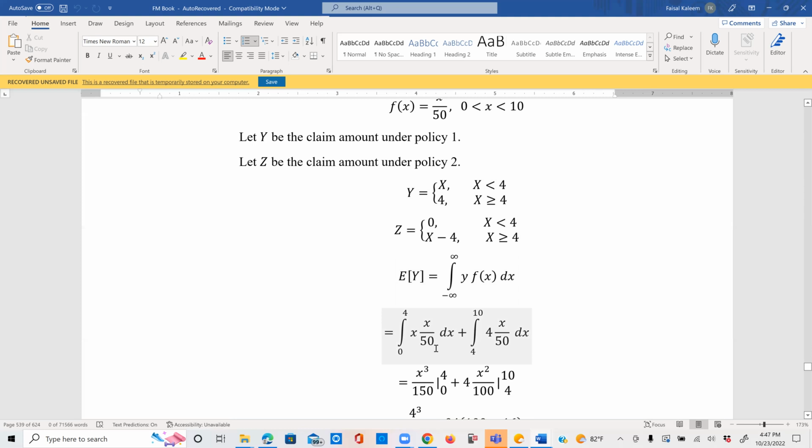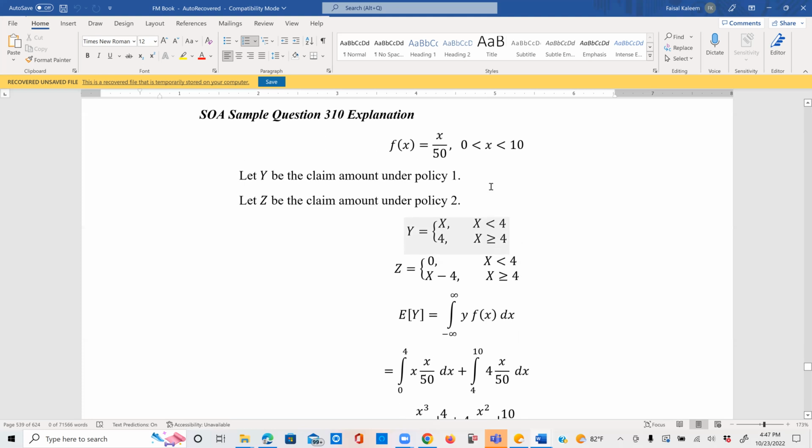Technically the less than 4 part should be negative infinity to 4, but there is no x value when x is less than 0.